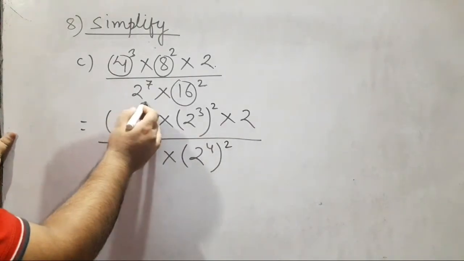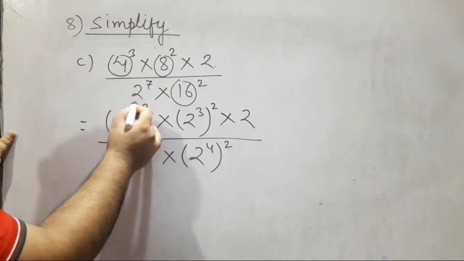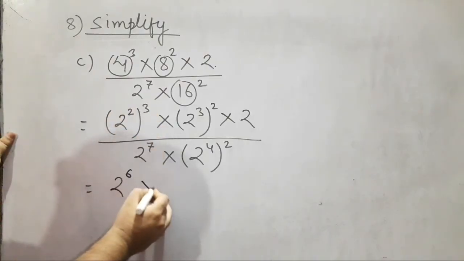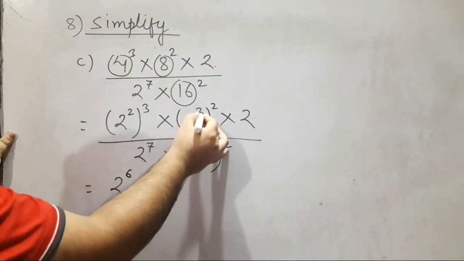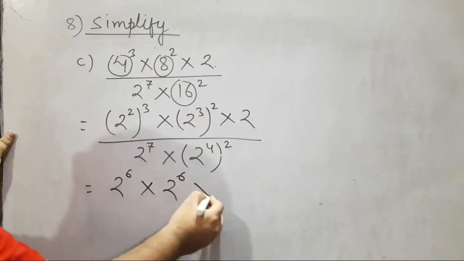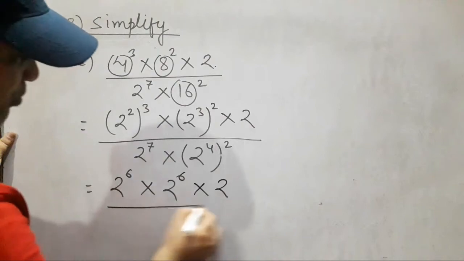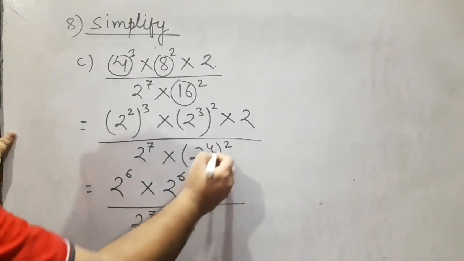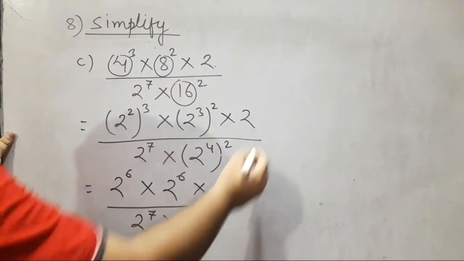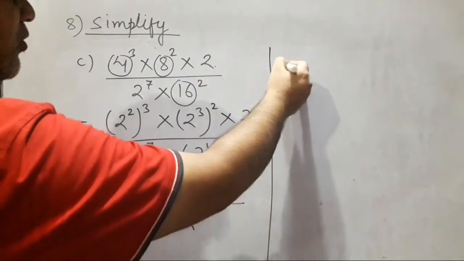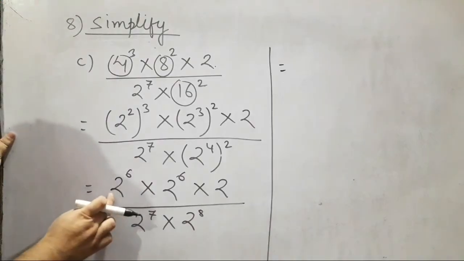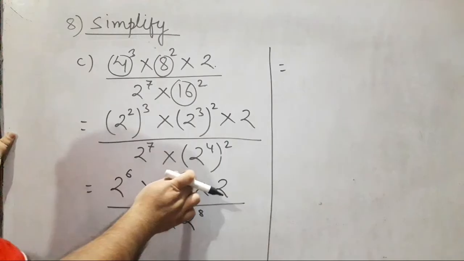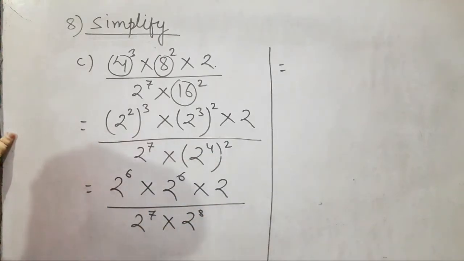Now follow the product law of indices, multiply the powers. 2 power 2 3 is 6, into 2 power 3 2 is 6, into 2, by 2 power 7 into 2 power 4 2 is 8. Now since the same bases are multiplying, we can add their powers according to the product law of indices.